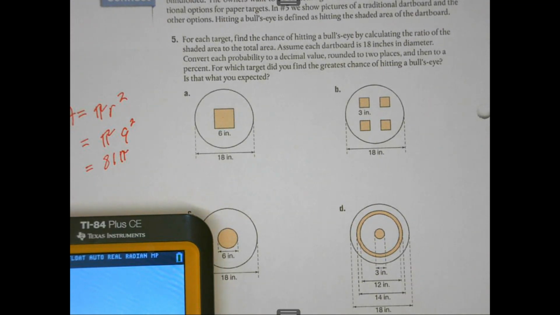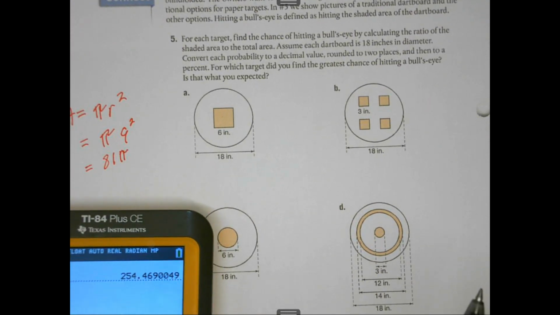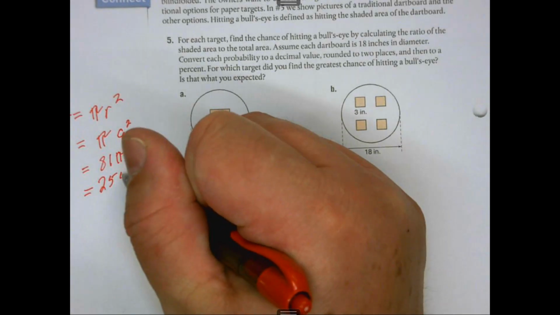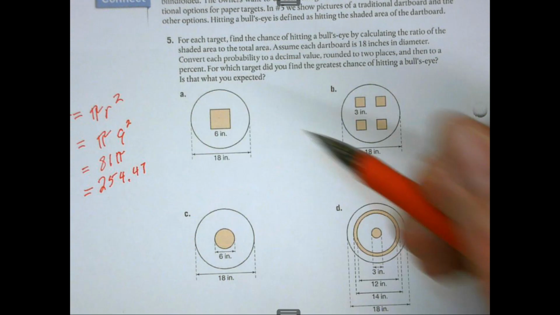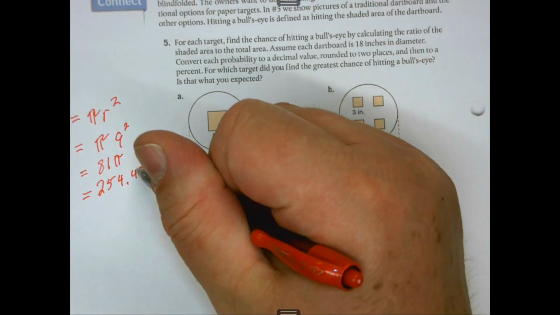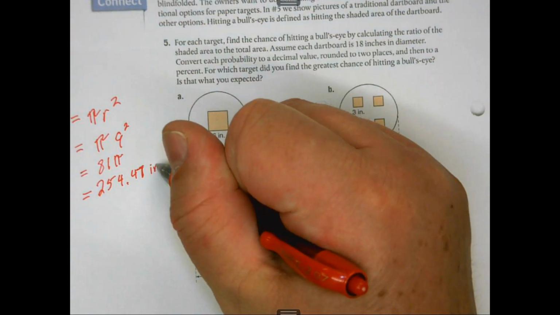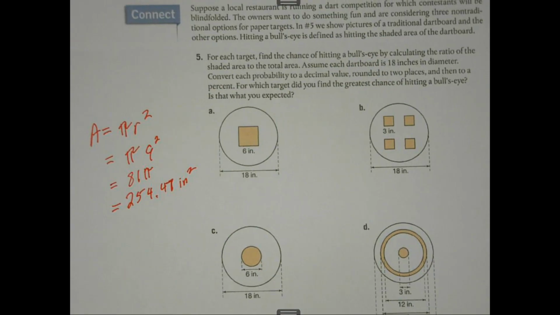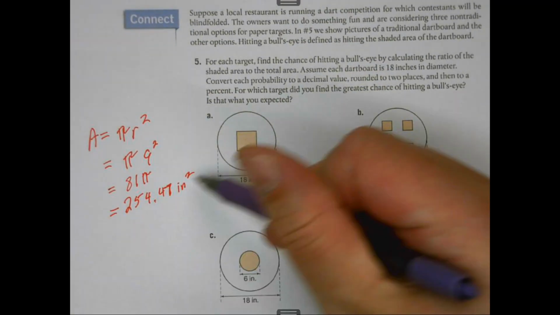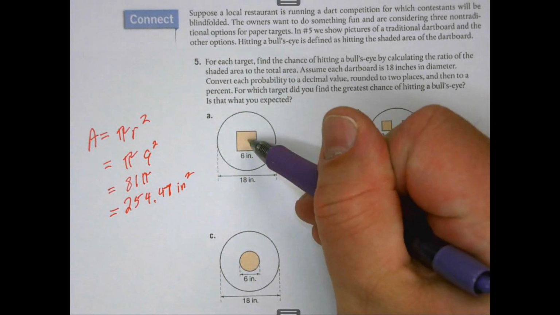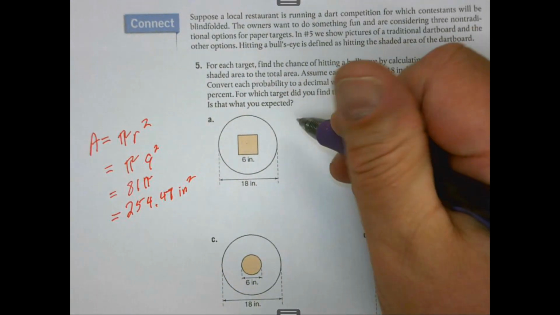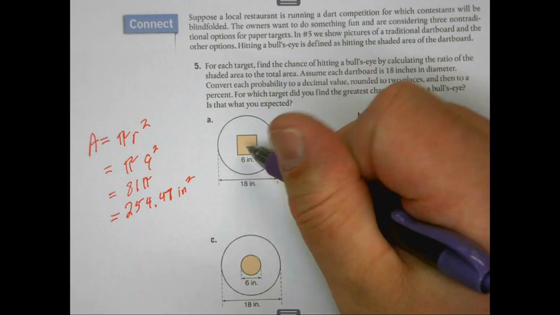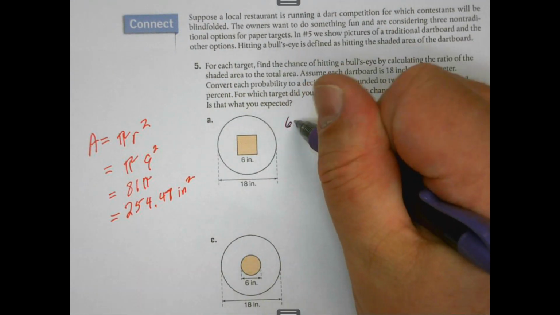We're trying to find the probability, so I'm going to do 36 out of 254.47, favorable outcomes out of total outcomes.